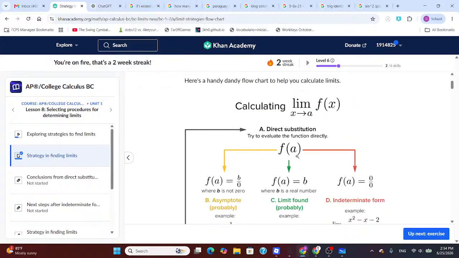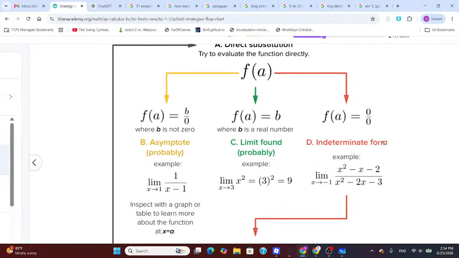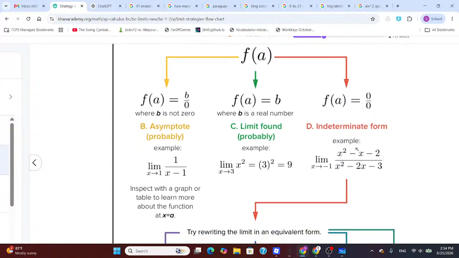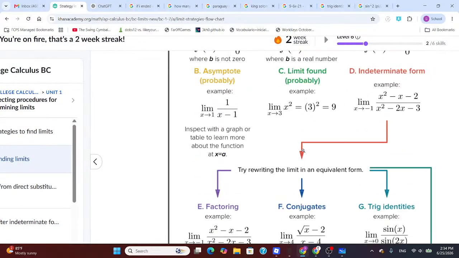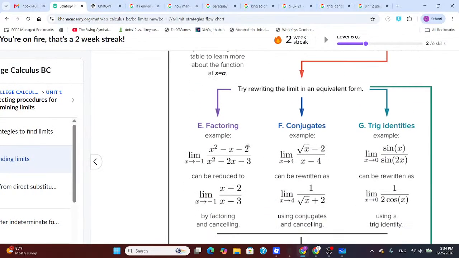But normally, it's just not going to be that simple. More often than not, when we plug it in, we get 0 over 0, and you have to do a lot more. Sometimes, when you get that, you might have to factor, for example x squared minus x minus 2 over x squared minus 2x minus 3. You will learn L'Hospital's rule in a later unit, where you just take the derivative of top and bottom, but we're not into derivatives yet.